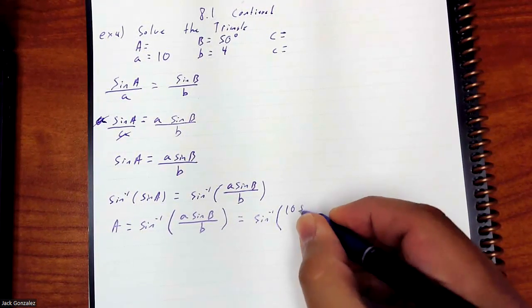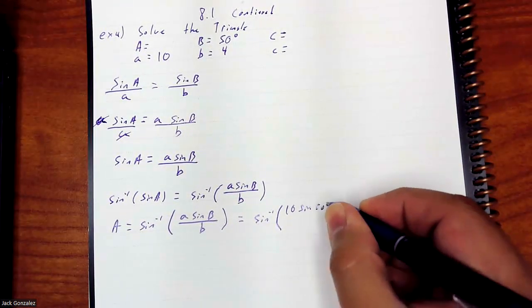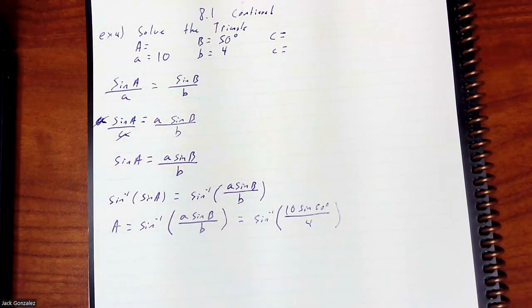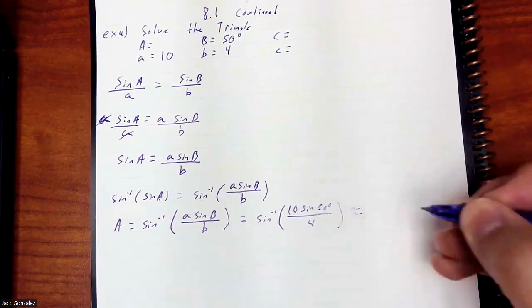That'd be 10 sine 50 over 4. So punch this in and see what happens.